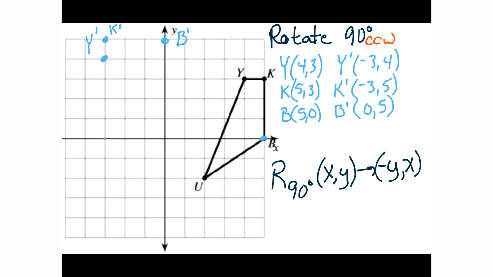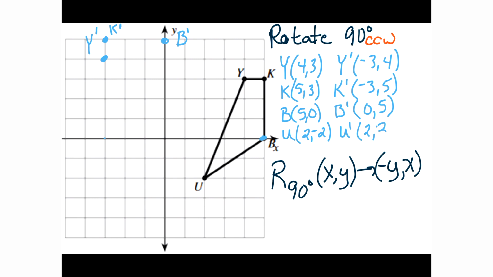And then we have U. And U is at the coordinate 2, negative 2. So then U prime is going to put us at 2, 2, excuse me.